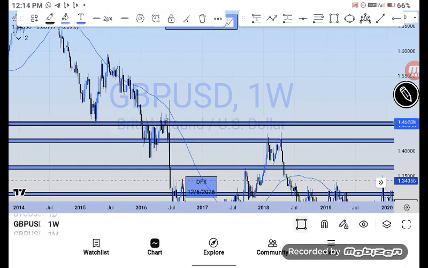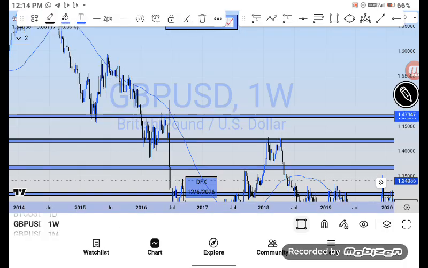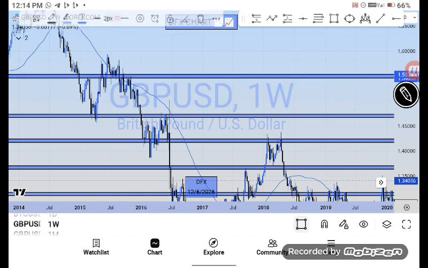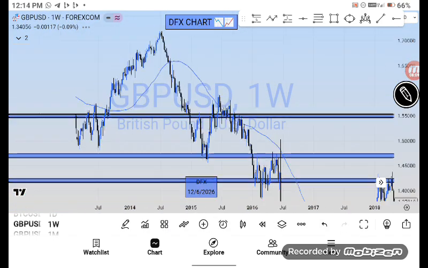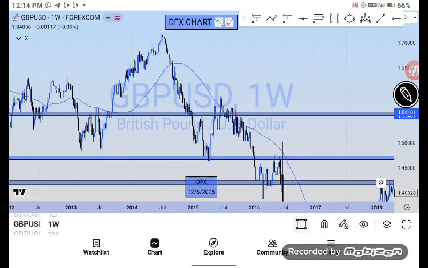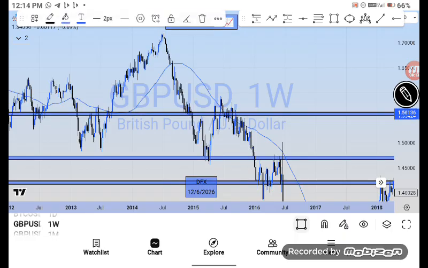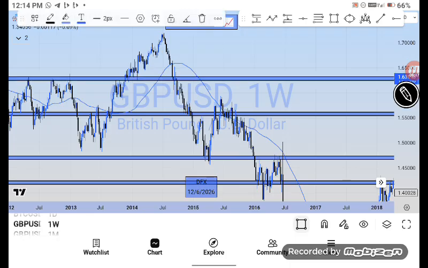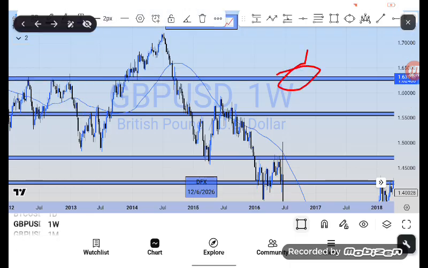But actually you don't necessarily need all these things, like having multiple lines on your chart. Before price gets to the lines I'm drawing, all these ones here, it will take time.